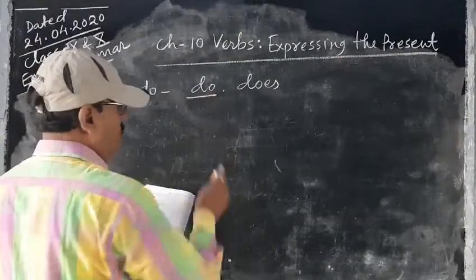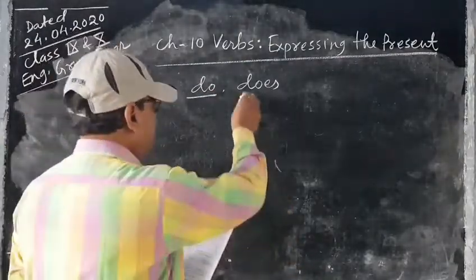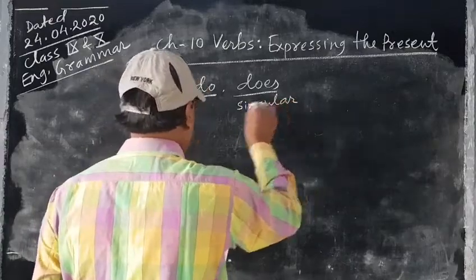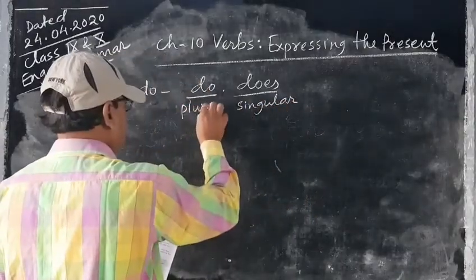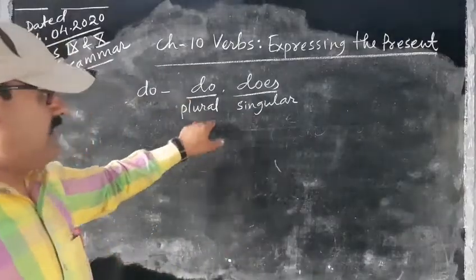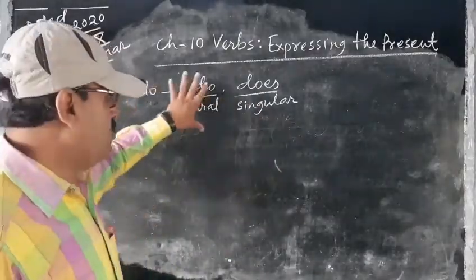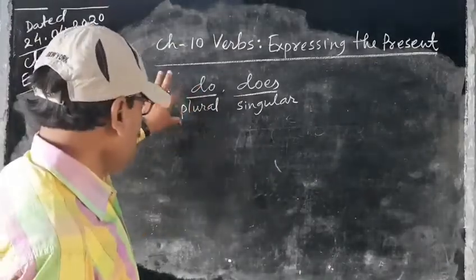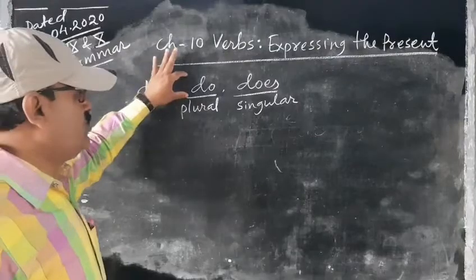Now do is plural and does is singular. Both are present forms. So we should use them accordingly. With plural subjects we should use do.